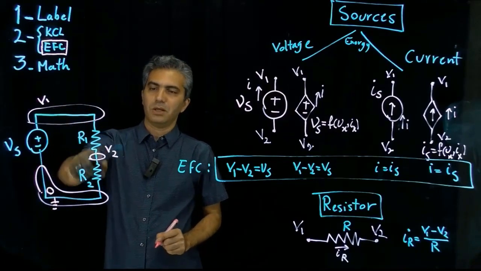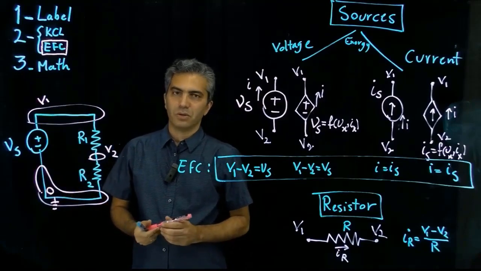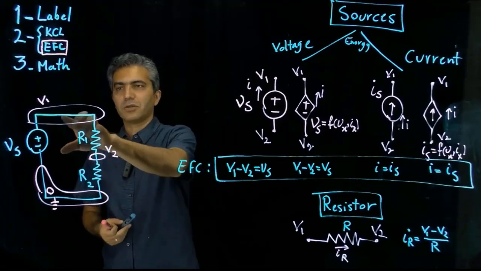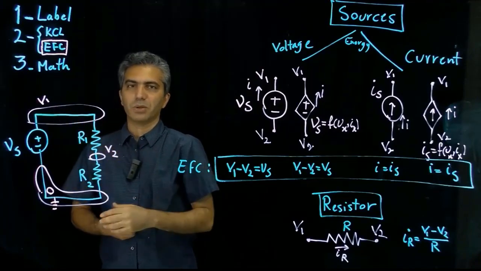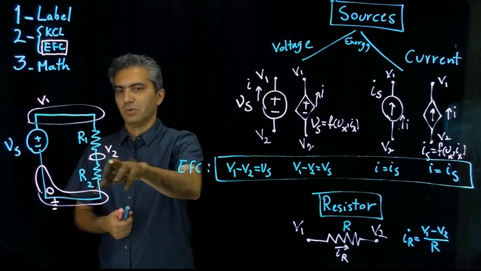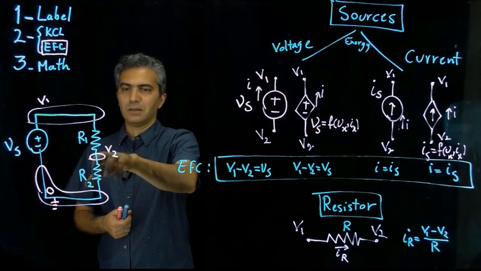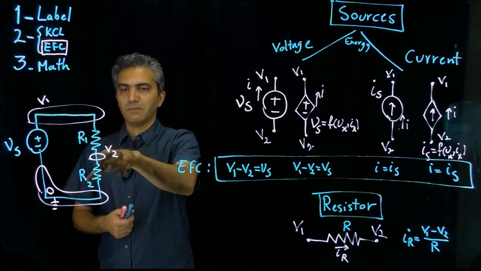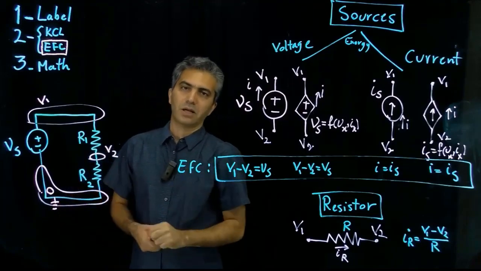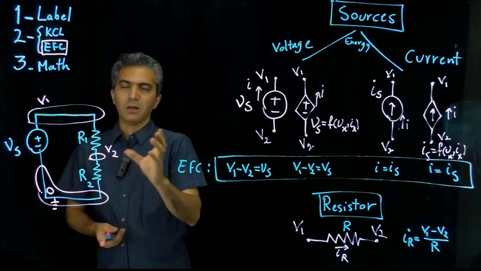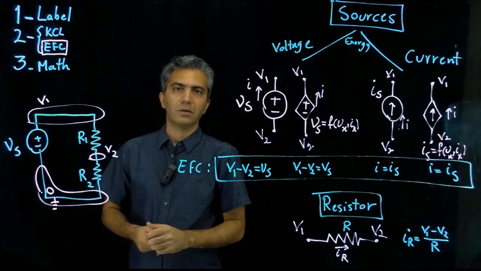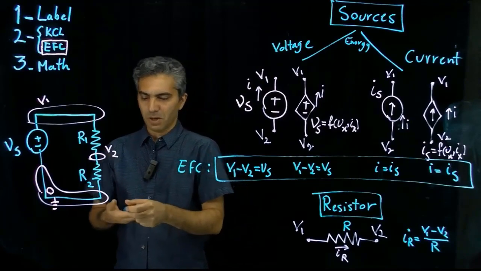You can actually pick any of the other two as your reference and everything is going to work out fine. The actual values that you calculate for the potentials at that point are going to be different. Obviously, if this is 0, this is not going to be 0, but if I put my ground here, then that node is going to be 0 and this node is no longer 0. So the actual values change, but that doesn't matter. Voltage is a differential concept. Depending on where your ground is, the values might come out to be different.